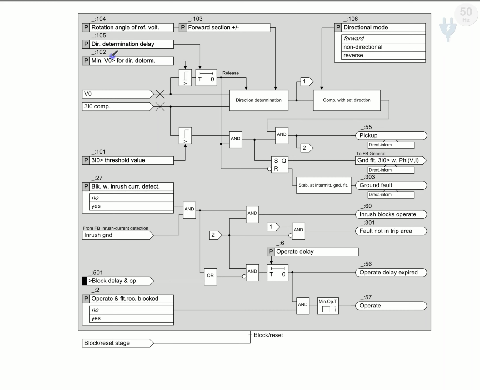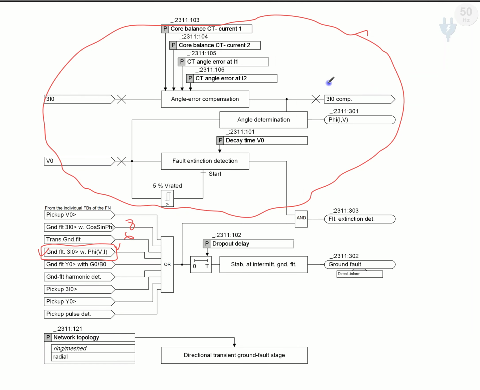In this functional diagram, first we take the V0 and 3I0 compensated value. What is this 3I0 compensated value?